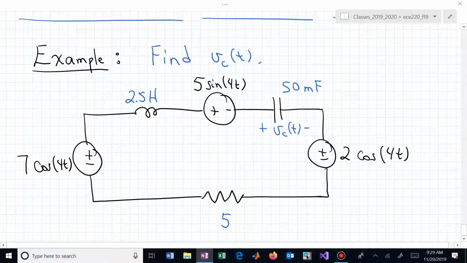If one of these cosines or the sine were at a different frequency, then my L's and C's would be different at those frequencies. So you would redraw the circuit for each of those new frequency sources and apply superposition, and V sub C would be a combination of those multiple frequencies.